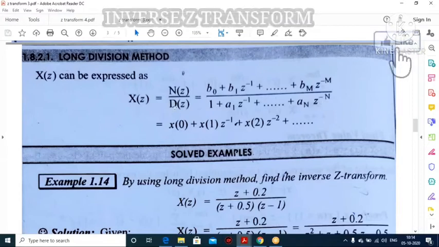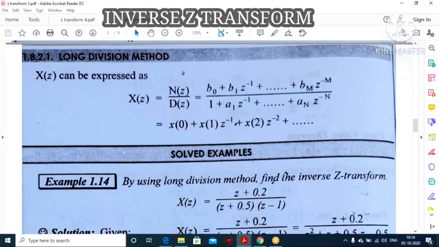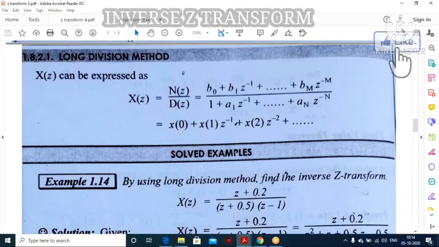Our format may be like this only. Our given x of Z can be expressed as numerator part of Z divided by denominator part of Z.